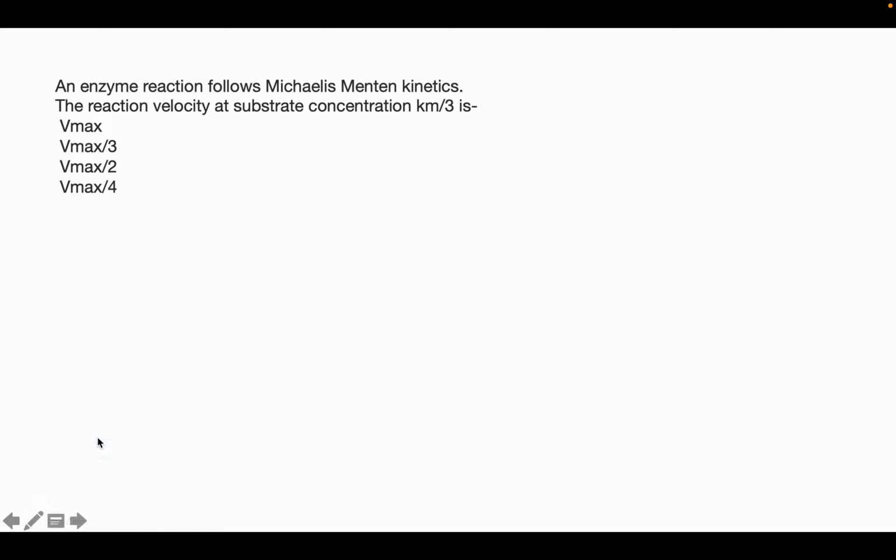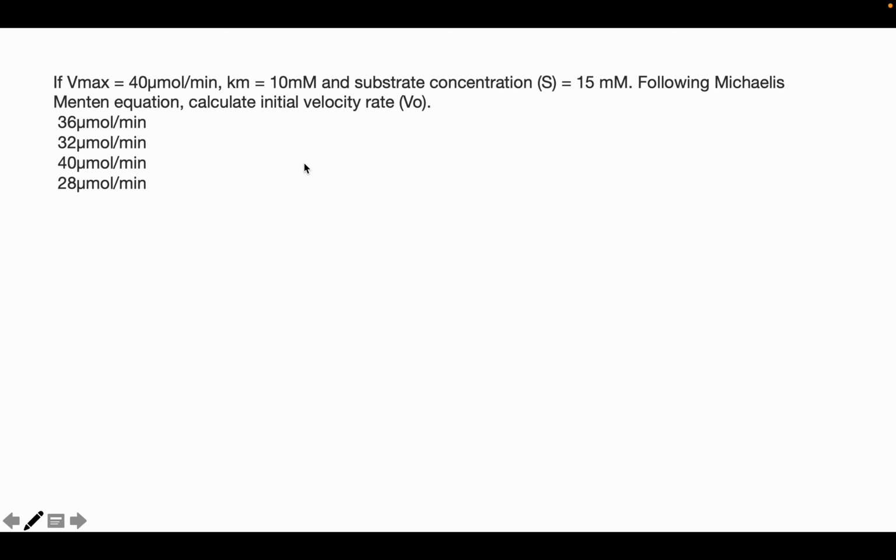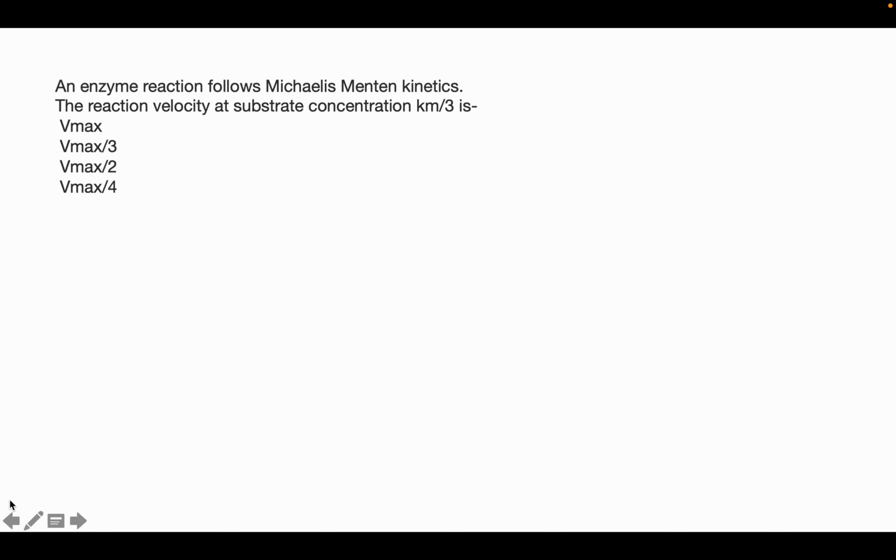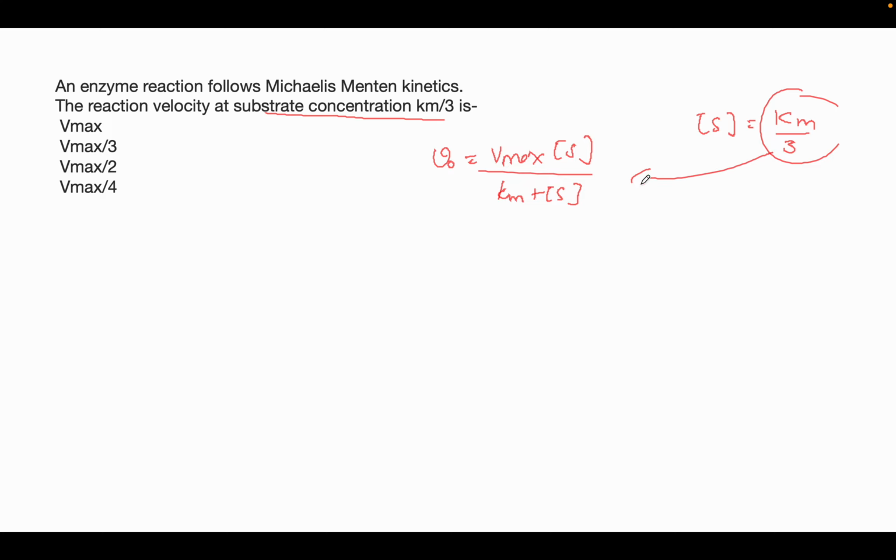So let's write Michaelis-Menten: V0 equals Vmax times substrate upon Km plus substrate. Now the substrate concentration is Km by 3. So they are saying S is equal to Km by 3. So let's substitute this value here.